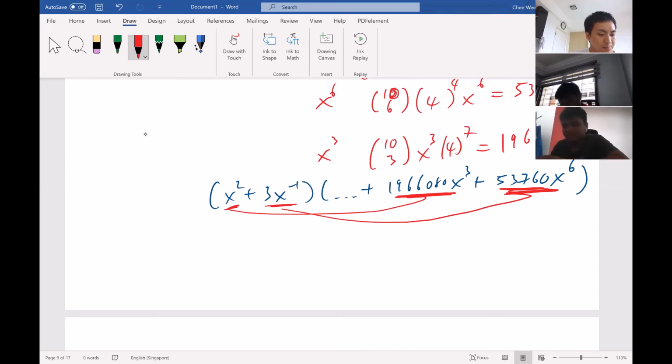So then it would just be 1966080 x to the power of 5 plus 53760 times 3, which is 161280.